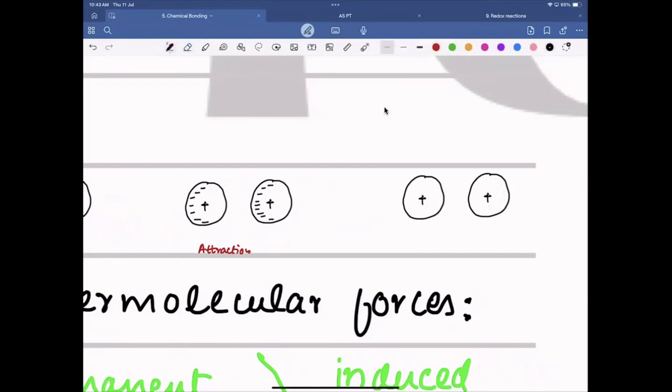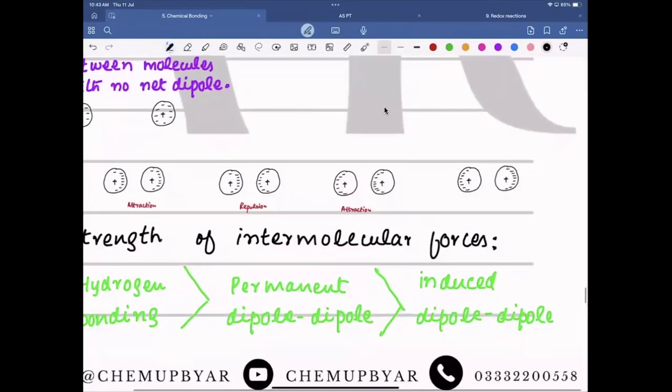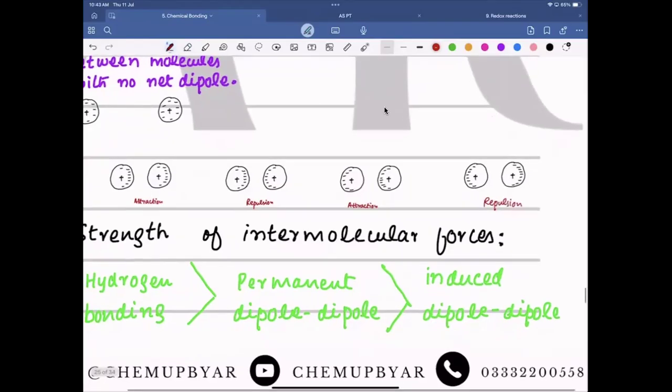So after the dipole is induced, the two atoms are continuously moving, and as a result, they make all these four faces. So there is a continuity of repulsion and attraction, right? Yes, sir.